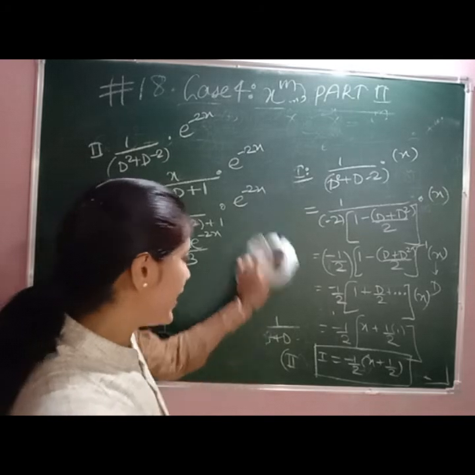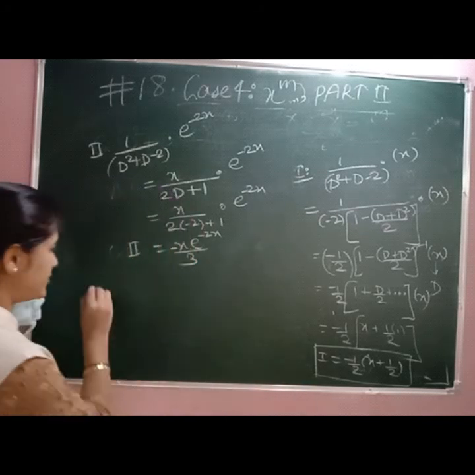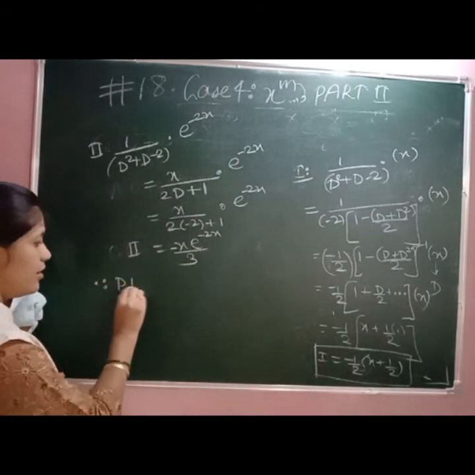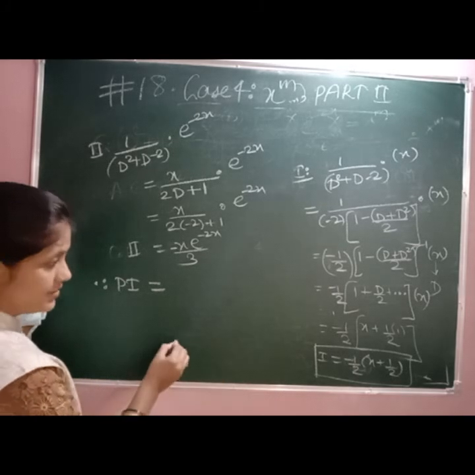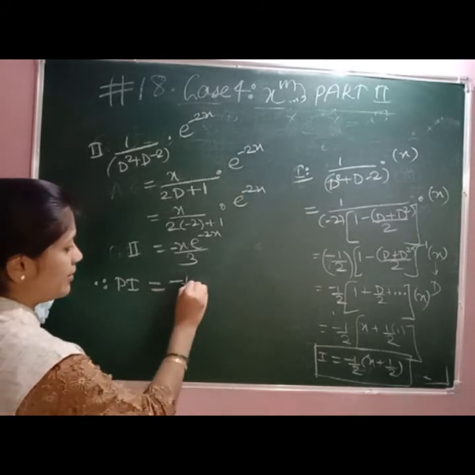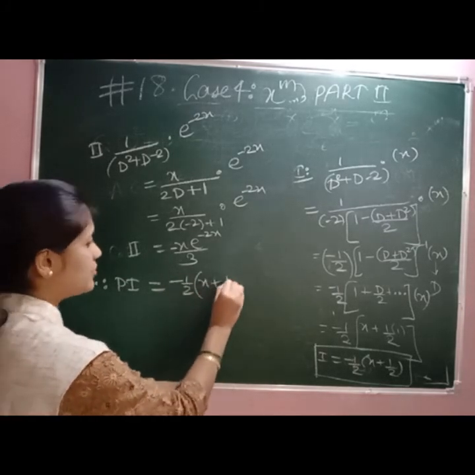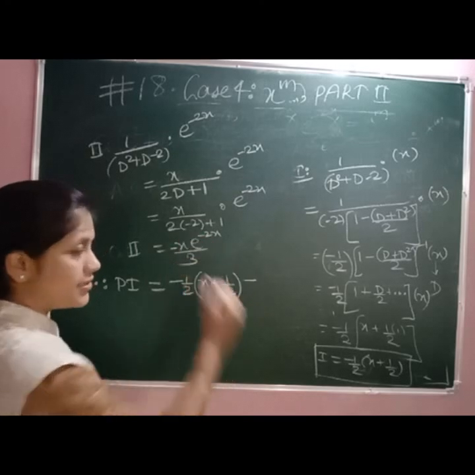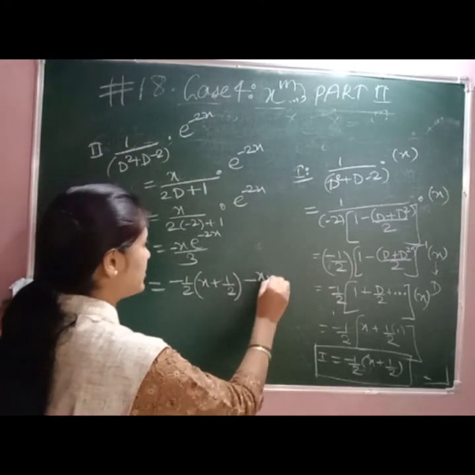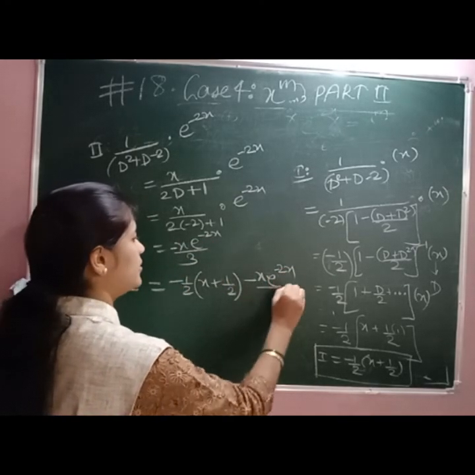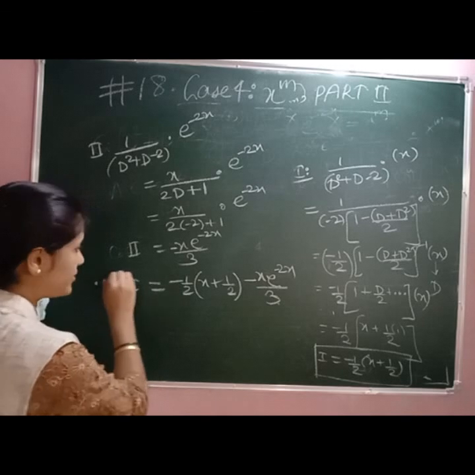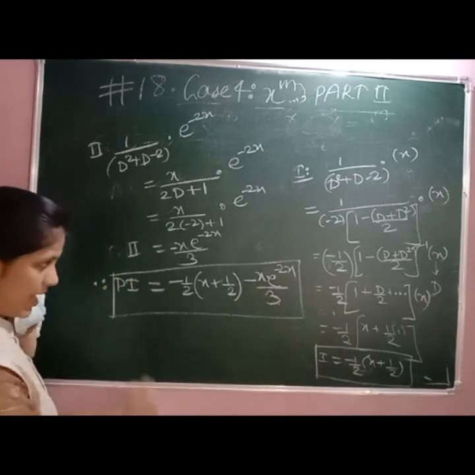So, to complete PI: PI is the first plus the second. The first is −(1/2)x + 1/2, and the second is −x e^(−2x)/3. So this is nothing but our PI.